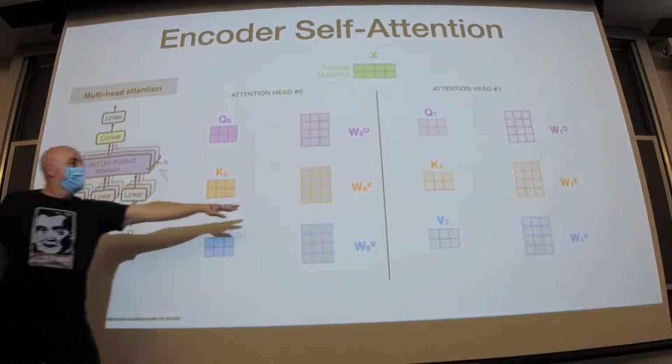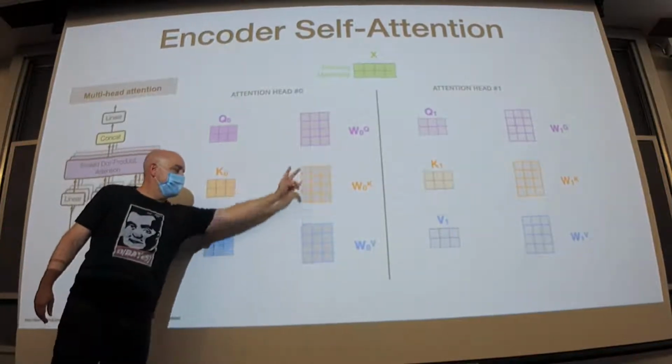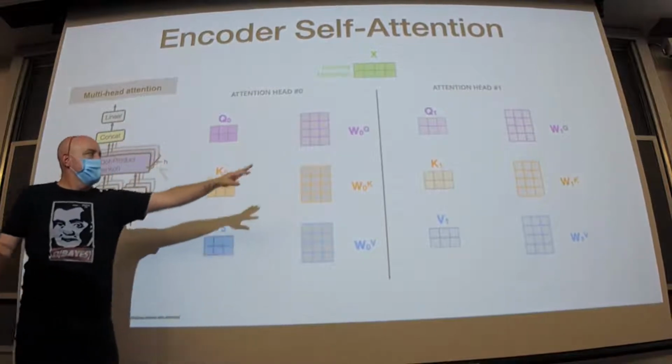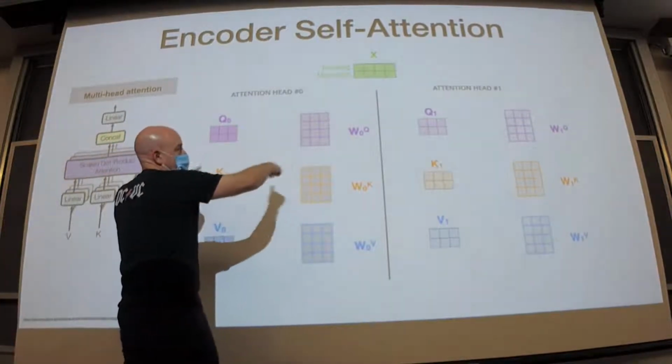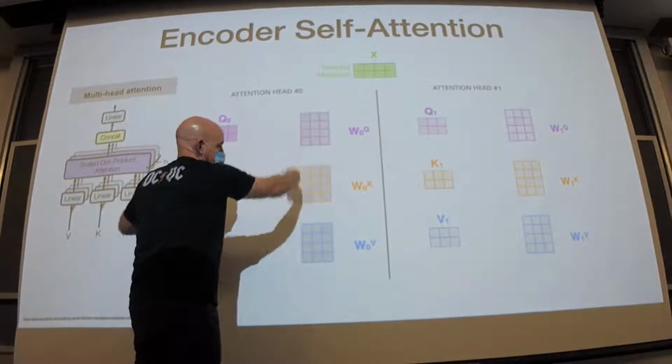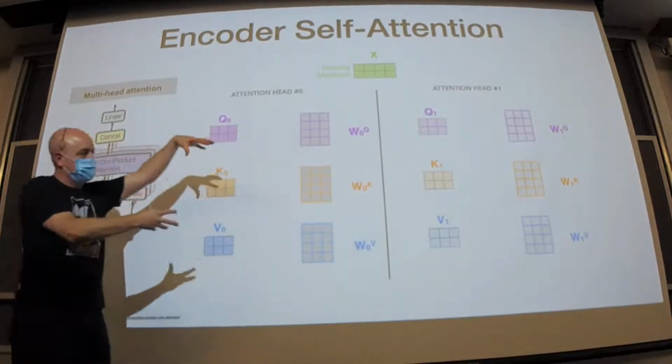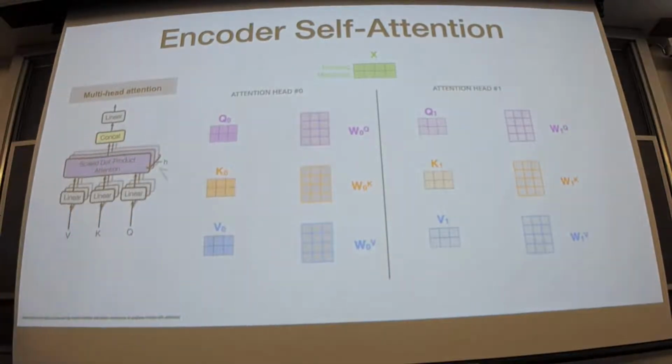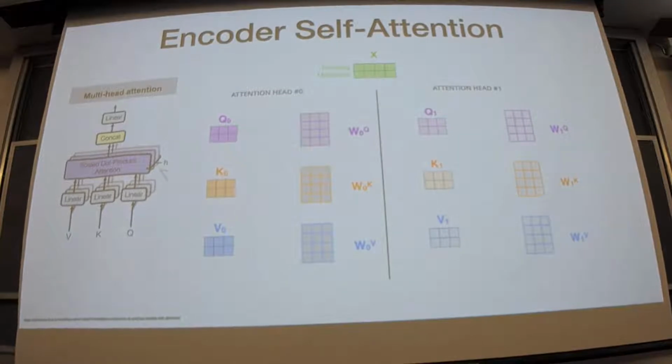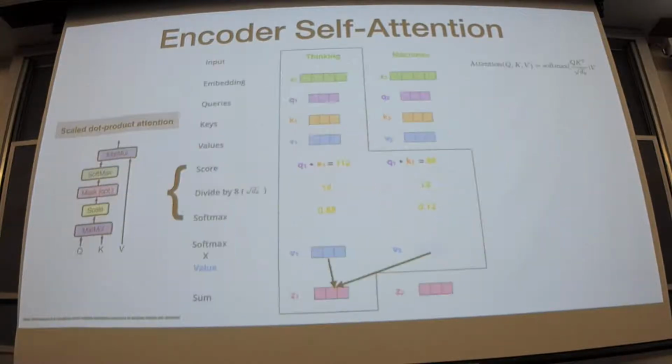X times WK gives you K, X times WV gives you V. And then we're just noting that there could be many of these heads, so we have one triple like this for each head. So again, this is the self part of this. They're all just linear transformations of our input, which is the thing I was saying earlier, that's strange that this works because it's all just the same information, but it seems to work really well.